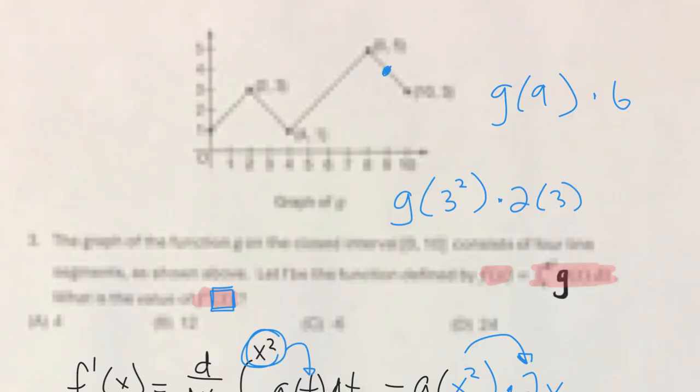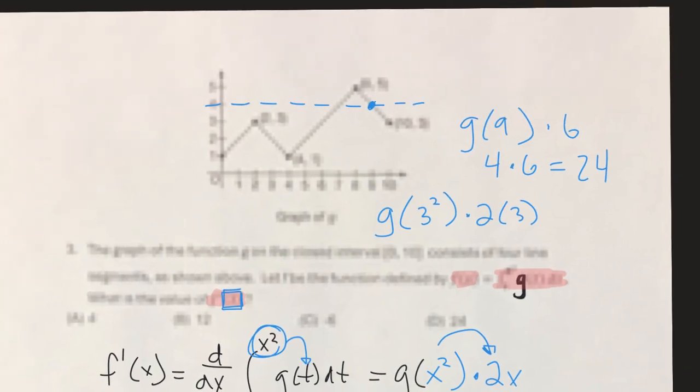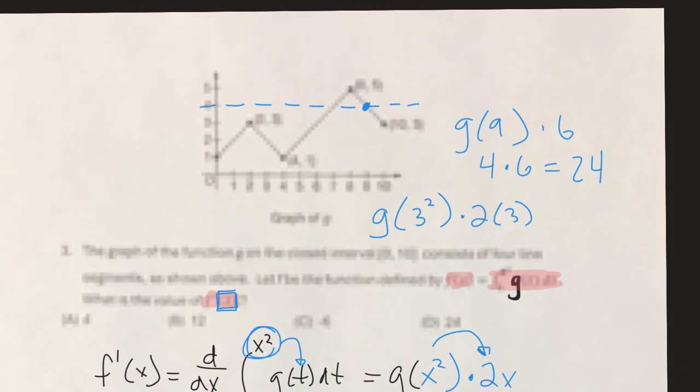Would you believe that it's 4? Yeah. No, I think it's 3. No, yeah, I think it's 4 times 6 is 24. Is that an option? Yes. I would go with 24 then and have g of 9 be 4, so that we have an answer that is an option for us right there.